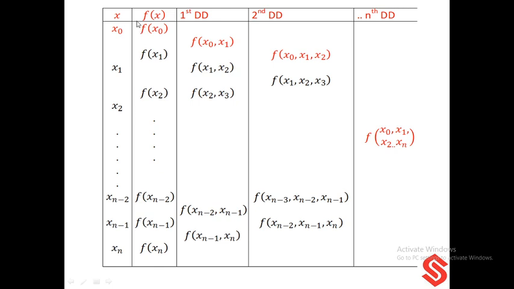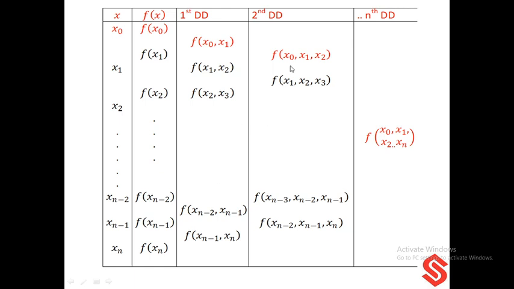In the first column we have the values of x, in the second column the values of f(x), the next column the first divided differences, next the second divided differences, etc. The divided difference of x0, x1 is denoted by f(x0, x1), then the divided difference of x1, x2 is f(x1, x2), similarly f(x2, x3), etc., up to f(xn-1, xn). These are the first order divided differences.